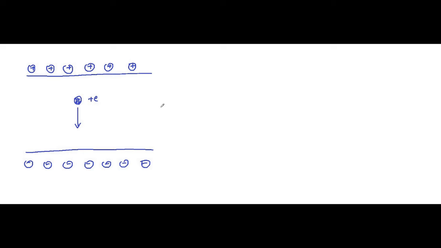Same 4 centimeter distance, the distance of fall is same. Here also the initial velocity of the proton is 0 meter per second because initially it was at rest. So here we have to determine the force acting on this proton.